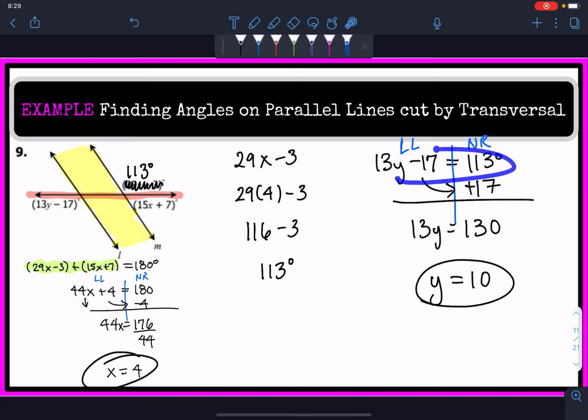Or you'll see, oh no, this is an obtuse angle, but this is an acute angle. So that means I need to add them and set it equal to 180. Use that if you're not able to identify the angle relationship, or whether they're congruent, or why they should be.